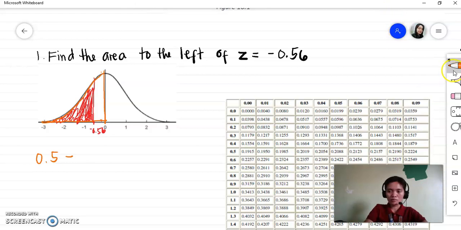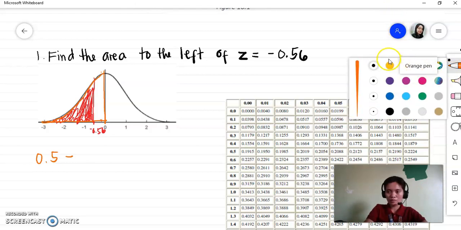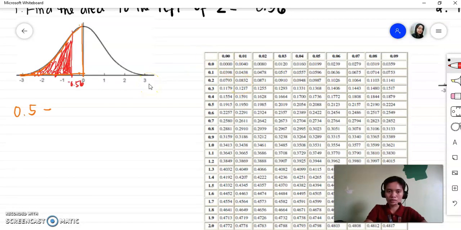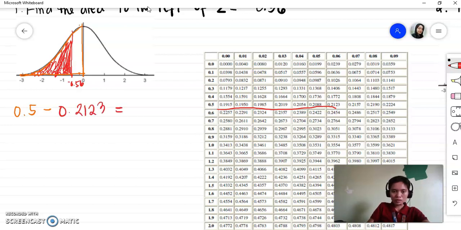So we need to get that area using the z table. In our z table, we locate 0.56. First two digits, you have 0.5, then the last digit is 6, 0.06. You match it, and that is 0.2123.